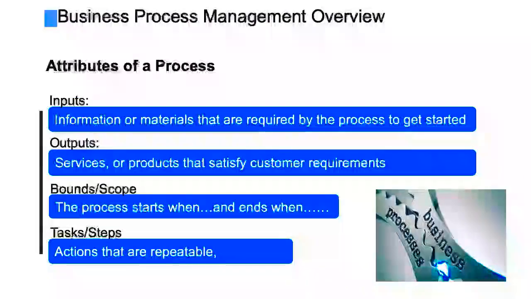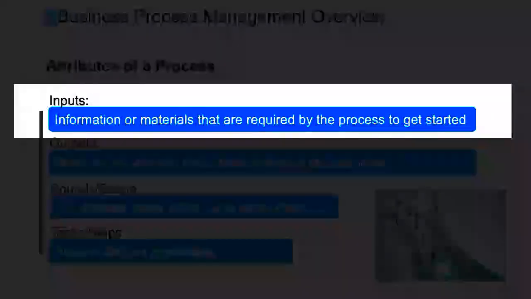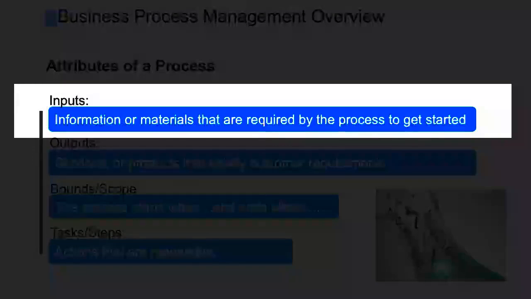Attributes of a process. Every process should have inputs. That is, some information, some data, or even raw materials that come into the process that are used by the process, and many times are a way to kick off the process. In my simple example, it was me putting my debit card in the ATM machine.